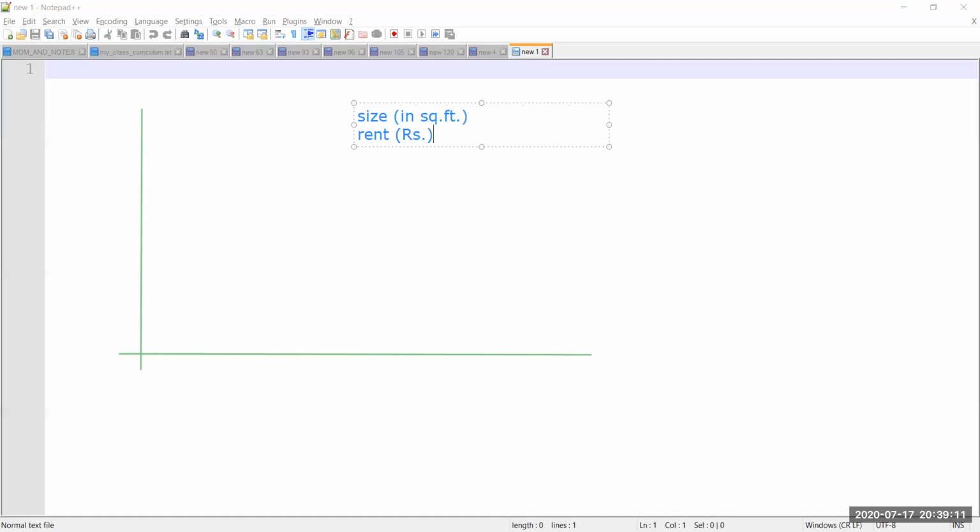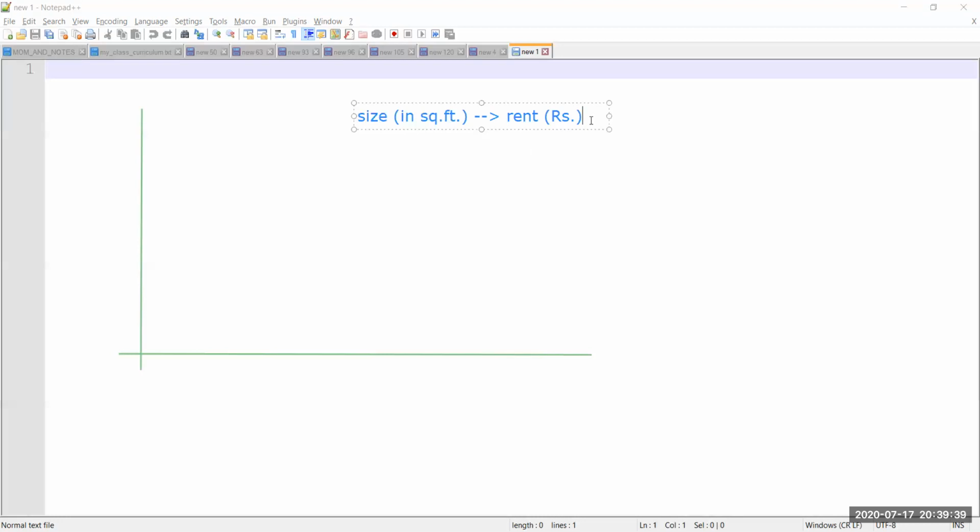Why I'm trying to do this is because I'm trying to somehow create a relationship between size and the rent. So I would like to know, in the city that I'm actually going to, what kind of sized apartment is going to cost me how much. And if I know at least approximately how much it is going to cost me, then I can plan my finances in a better way. I really will not be in a position to avoid my transfer. I cannot say that I am not going to go to that place, but at least I can plan better.